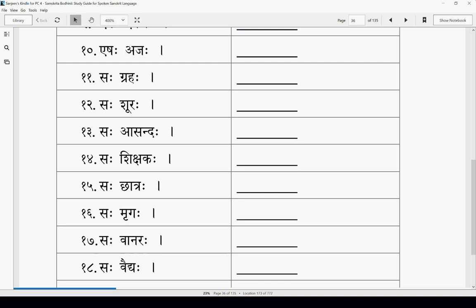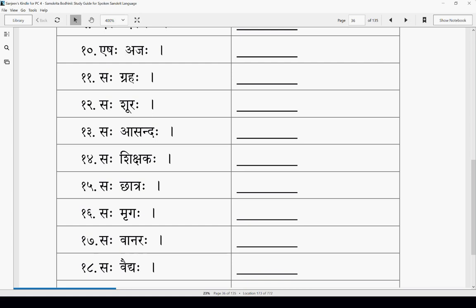Any meanings? Are all the meanings clear? Ajaha, goat. Graha, planet. Shuraha, warrior, brave, valiant.